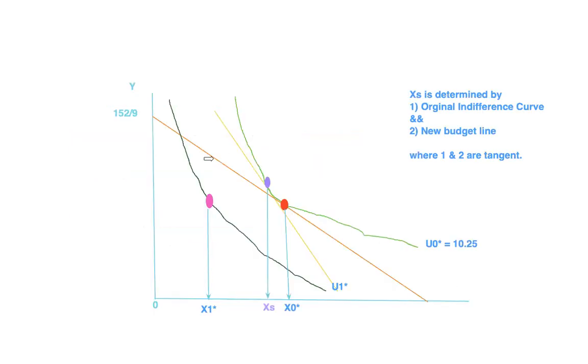The price of this original budget line, and I kind of don't want to, well, I'll just put slope of it over here. Right. So does that make sense?